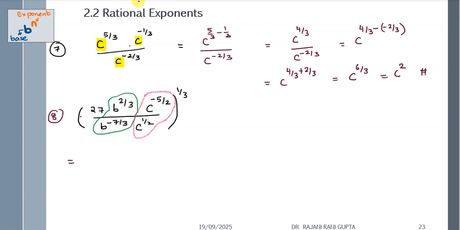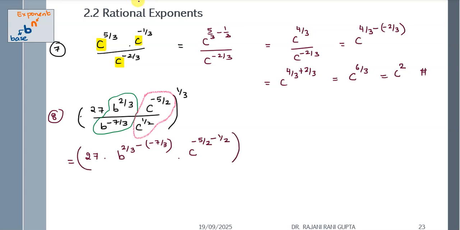So let's write 27 separate. Now we have b in the two terms. So it will be b power 2 by 3, since it's in the denominator, so minus of minus 7 over 3. Similarly for c, it is minus 5 over 2, denominator, so minus 1 over 2.